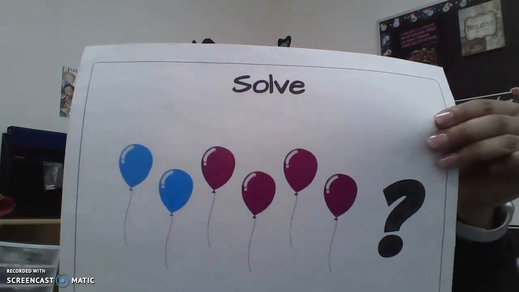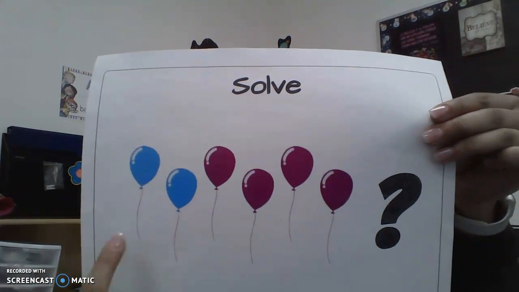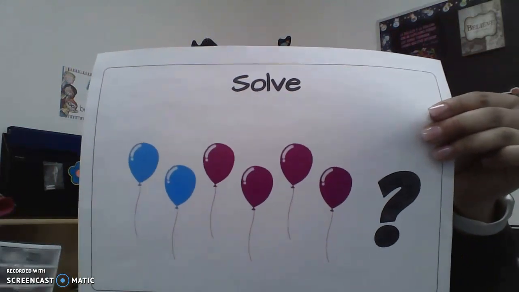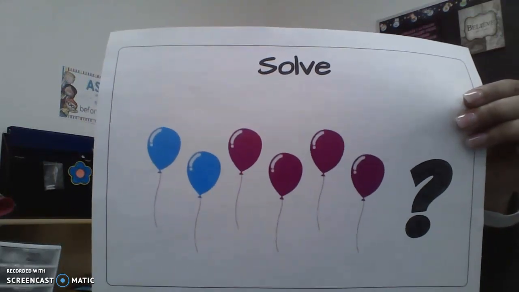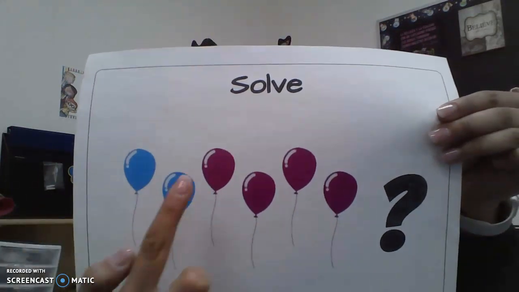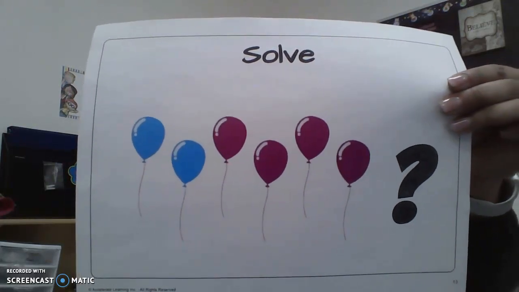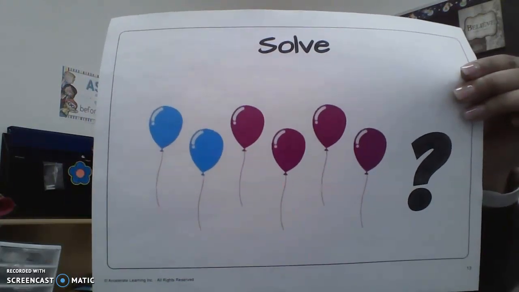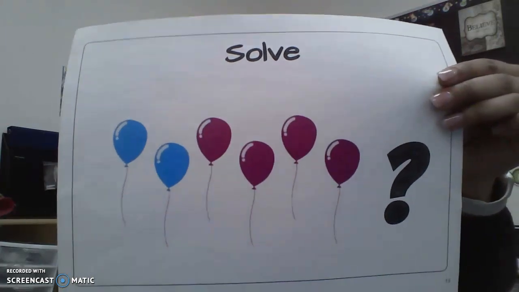When we are solving, we are figuring out how many balloons there are, or how many of an object there are. In this picture, we have 1, 2, 3, 4, 5, 6 balloons. So whenever we do an addition or subtraction problem, we are solving.